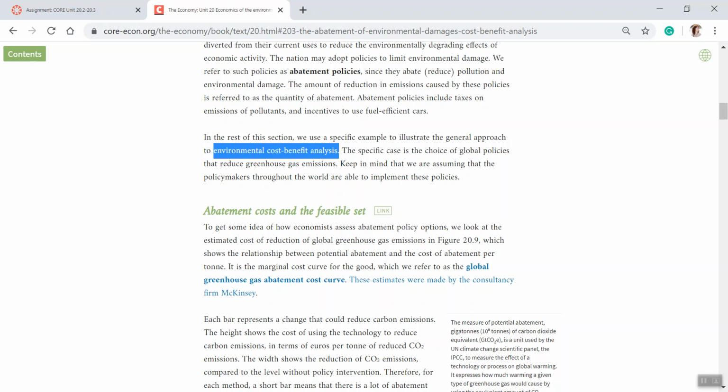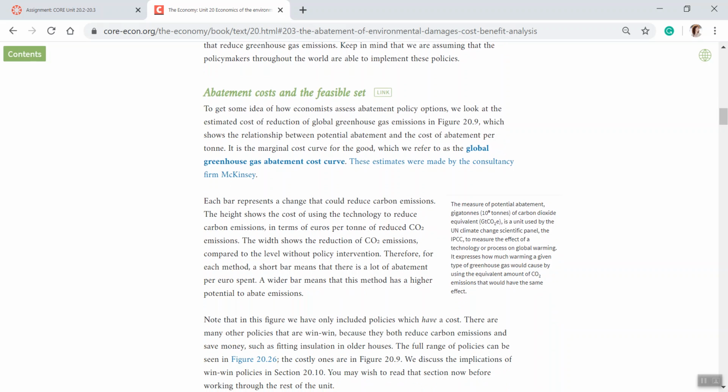Or we can look at what's the environmental cost and what's the environmental or economic benefit. They're all related together. The environmental cost is also going to have an economic cost. The environmental benefit hopefully will also have an economic benefit. So how do we balance this? How do we understand this? How do we even quantify it?